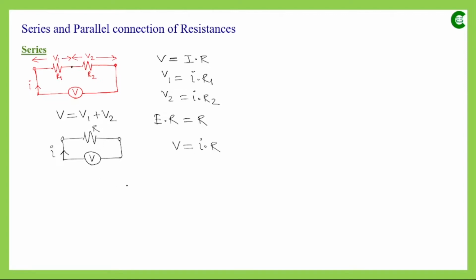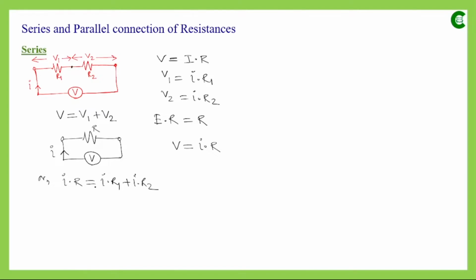Now in this equation, if we put all these values of V1, V2 and V, in place of V it will be I into R, and in place of V1 we can write I multiplied by R1, and it will be I into R2.